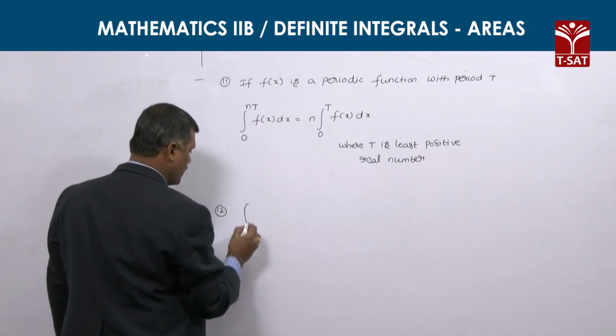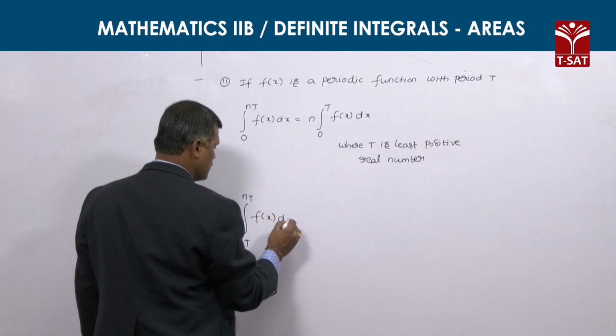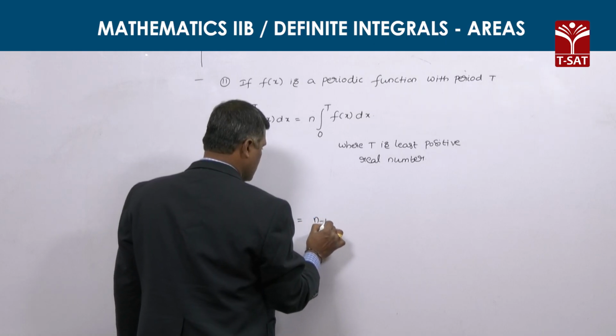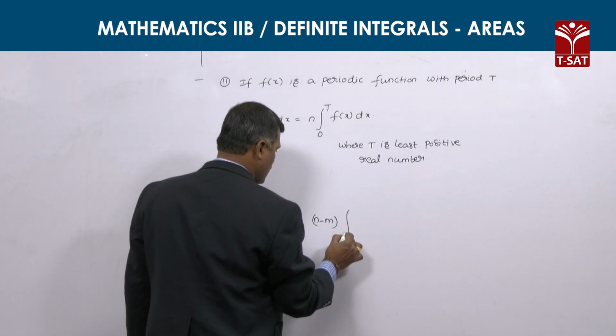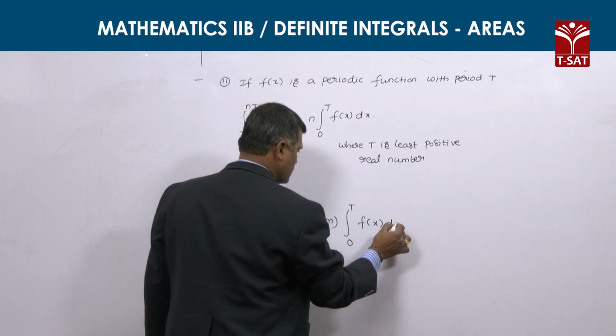Integral of mt to nt f of x dx is equal to n minus m into integral of 0 to t f of x dx.